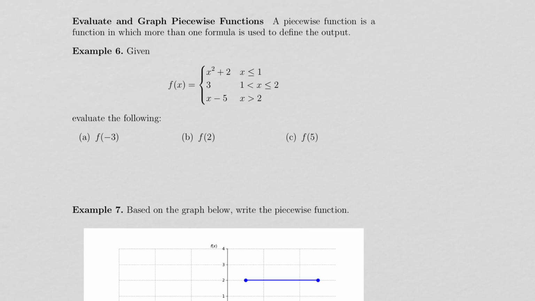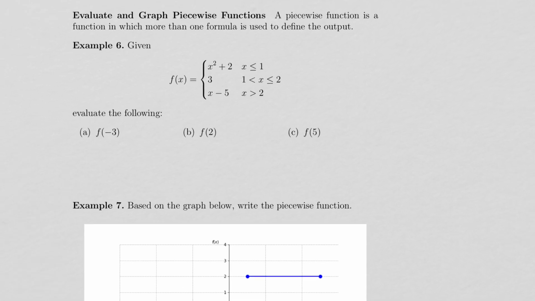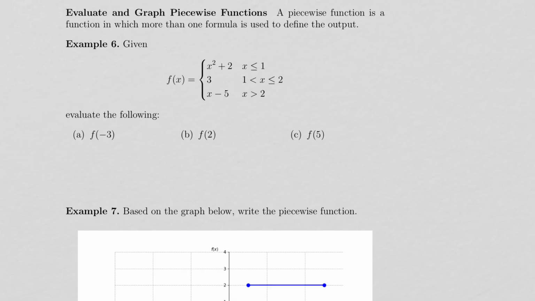So let's say you're asked to evaluate this piecewise function. If I look at the first example, I want f of negative 3. So the input is negative 3, x equals negative 3. I go to my piecewise function. What piece does that fall into?